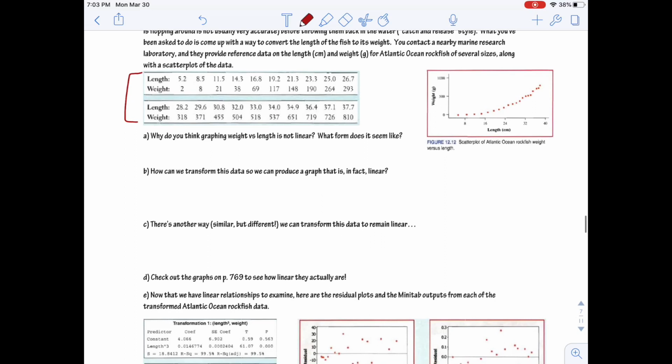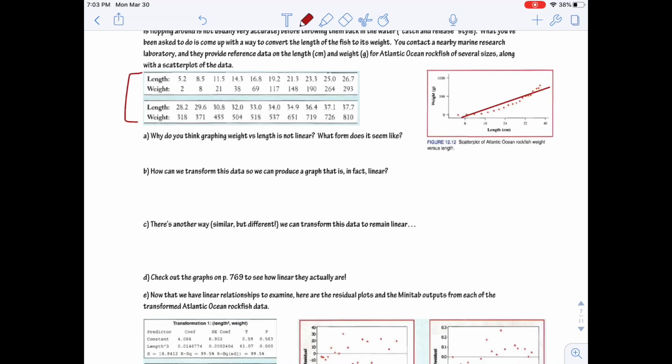Now if I were to draw a line through there, the line of best fit, there'd definitely be a pattern in those residuals. So why do you think graphing weight versus length is not linear? Why does it look like it might be a little exponential or a different form like that?